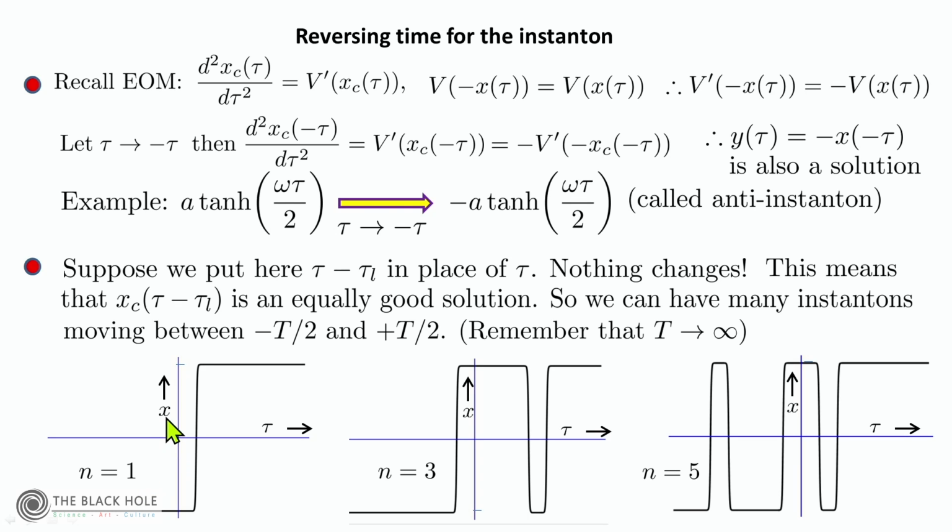Well, it's a plot of the particle's position as a function of imaginary time, of course, tau. So it starts way back in the past at minus a, and then way into the future, it's at plus a.